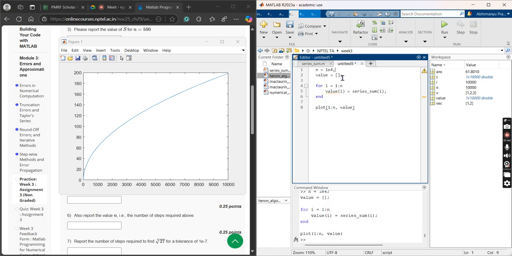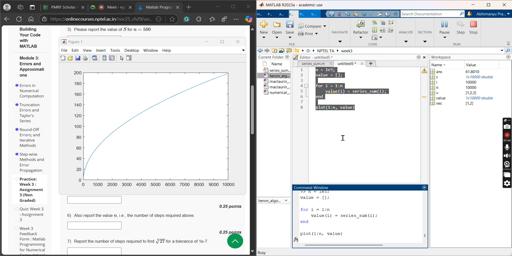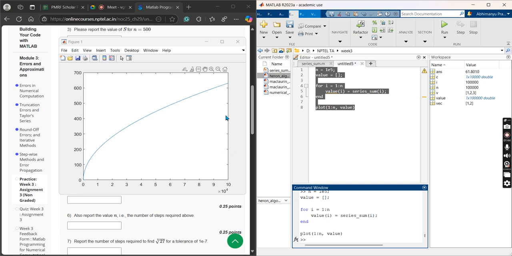For 10,000 this is running just fine. For 10 to the power 5 also, this takes time. Probably my system is slow, that is why this is taking a lot of time.